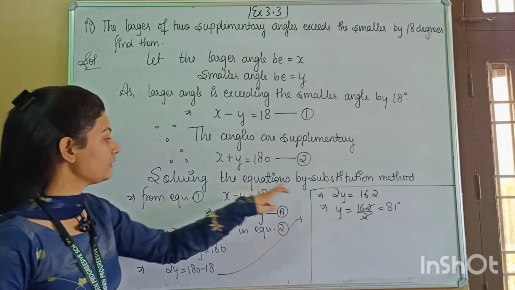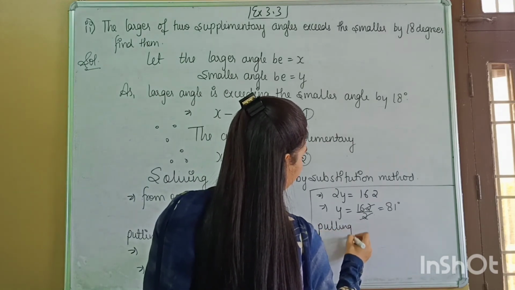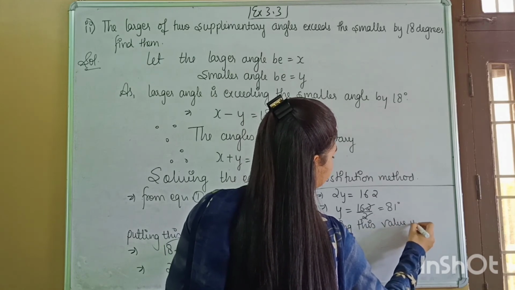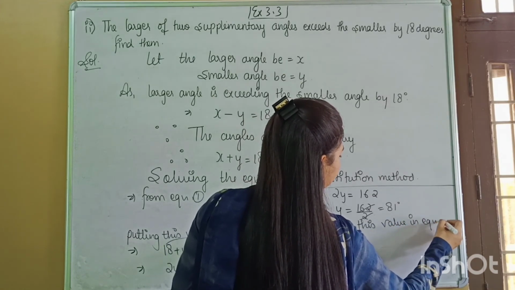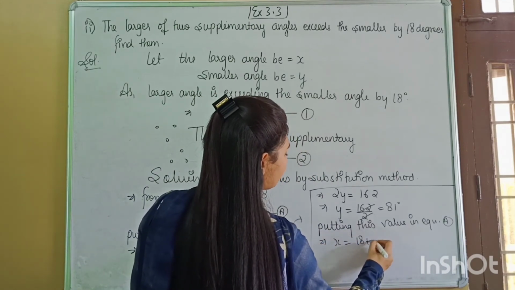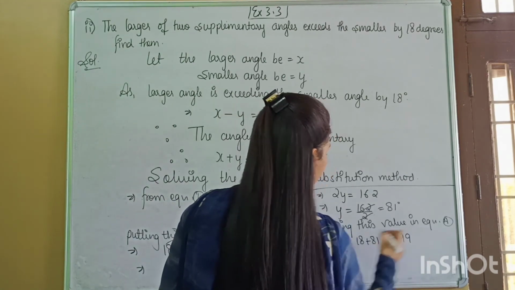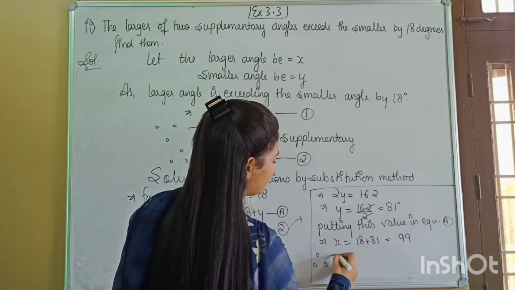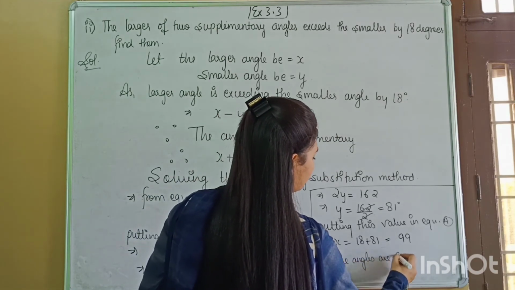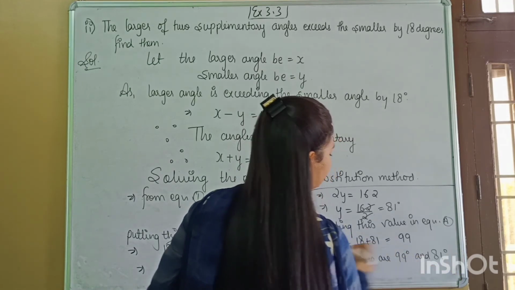Now putting this value of y in equation A, so x is equal to 18 plus y, it means 18 plus 81, that is 99. Therefore the angles are 99 degrees and 81 degrees.